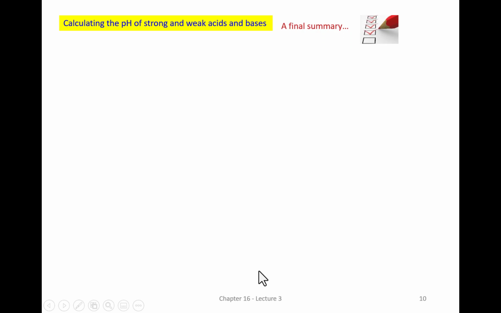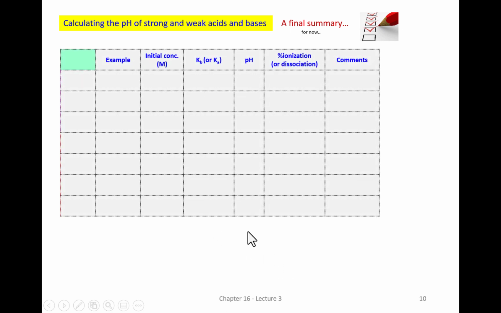So let's make a final large table, and we'll take examples from part 1 of the lecture and part 2 and put them all together in a table. This table is formatted a little bit differently than the previous one, but it'll be the same in the sense that we'll start with the strong acid on the bottom. So we had our strong acid HCl from part 1 of the lecture.